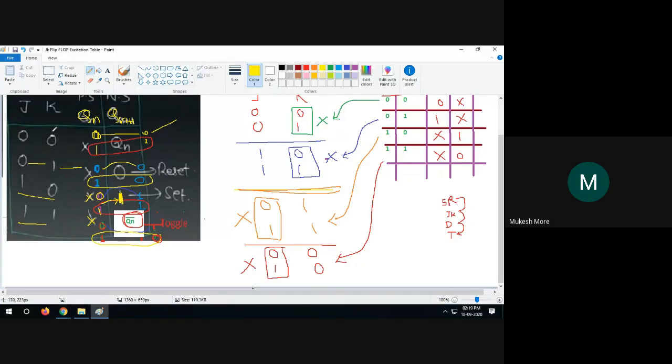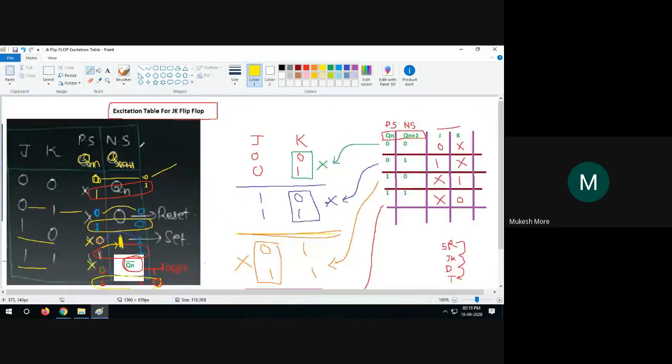Now we will take these two combinations, because at these combinations, Qn 0 and Qn+1 0, there are two values: J=0 and K=0, then J=0 and K=1.